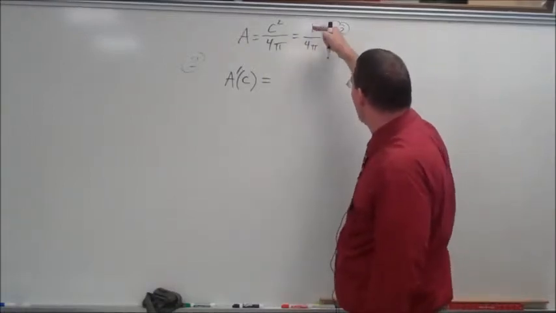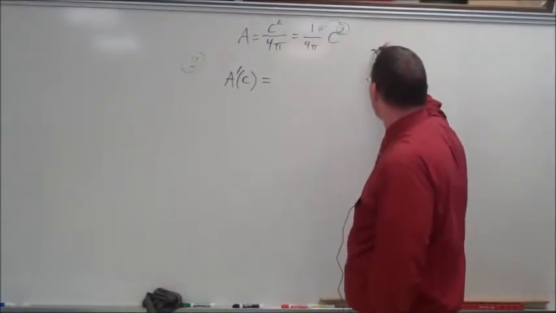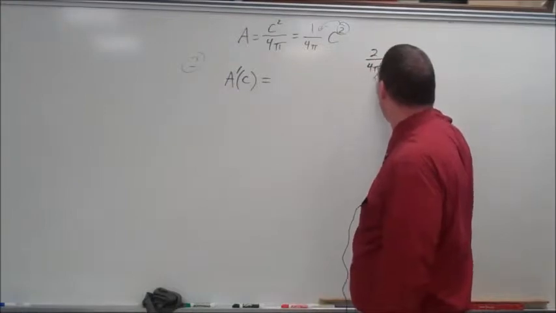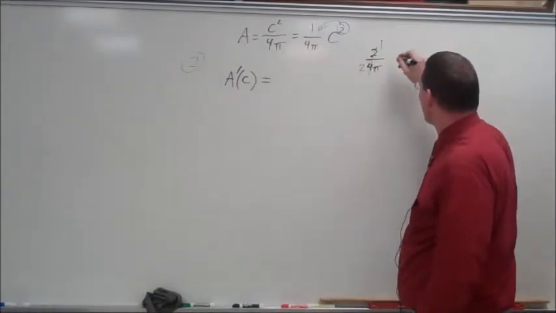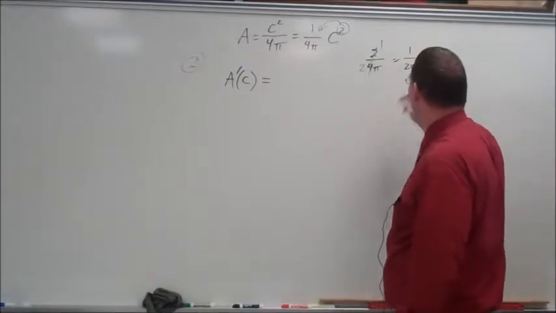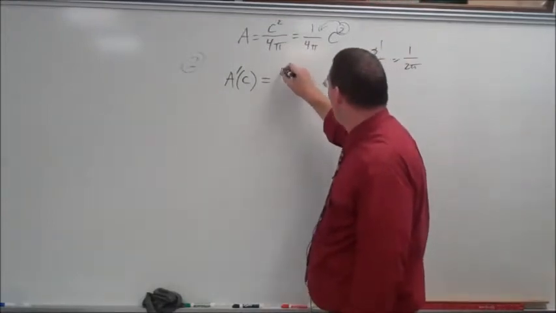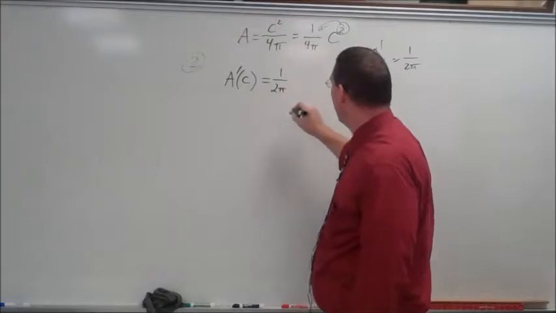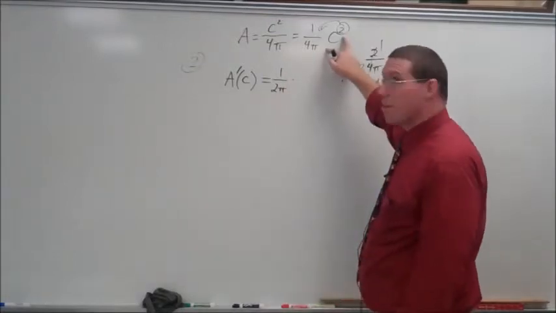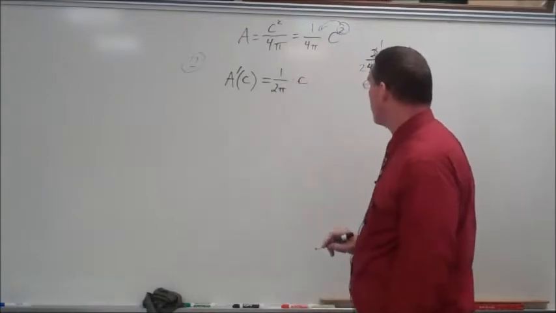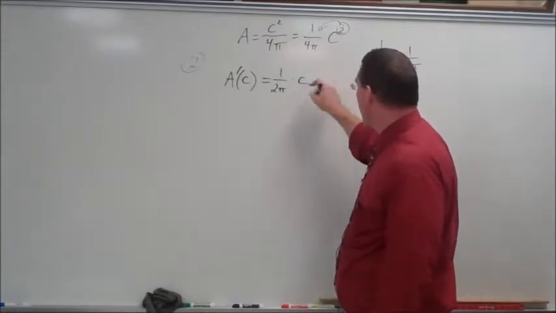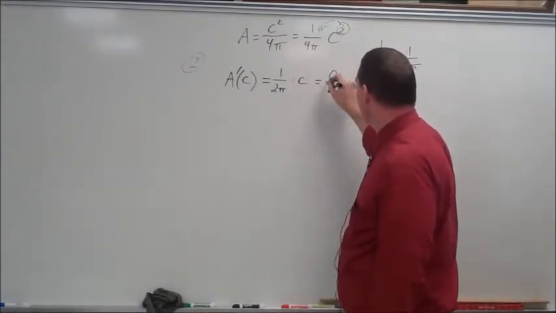And so now I'm going to take the exponent and multiply it by the coefficient. So 2 times 1 over 4 pi is 2 over 4 pi, and the 2 and the 4 can cancel. This becomes a 2, this becomes a 1. So it's really 1 over 2 pi. So I'm going to have 1 over 2 pi times C. I got to reduce the power by 1, so it's C to the first power. And if I now put the C in the numerator, I'll have C over 2 pi. That's my derivative.